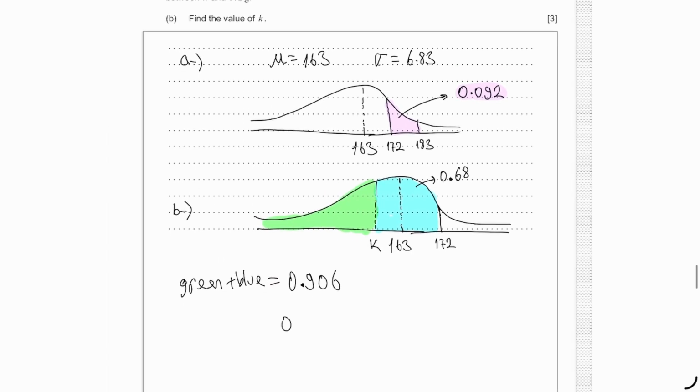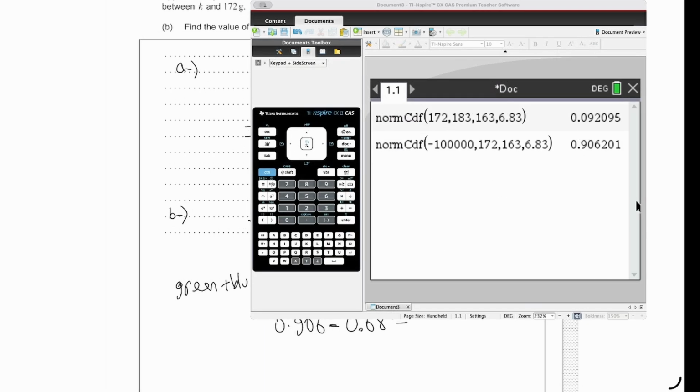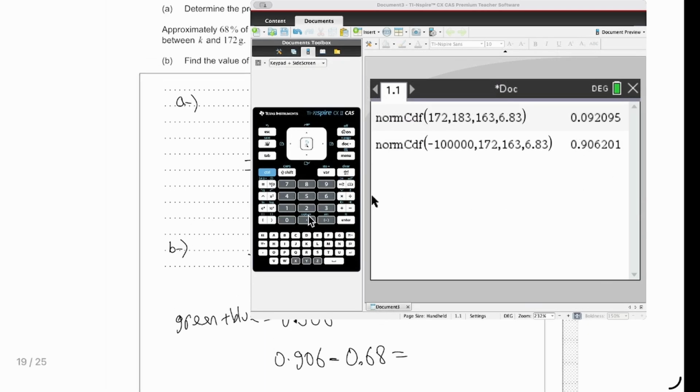So 0.906 minus 0.68 equals 0.228, and this is this area.